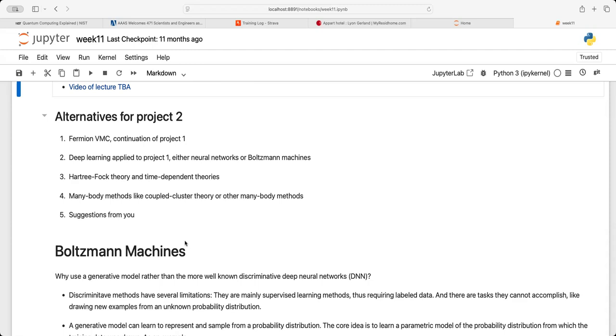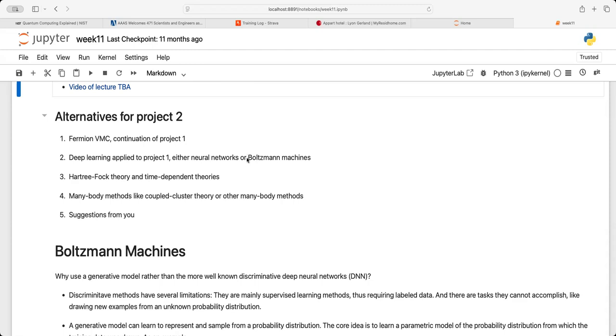So what I wanted to do now is dedicate the rest of the lecture to how you can implement these Boltzmann machines, which have been a very popular so-called generative method in machine learning, to quantum mechanical systems.